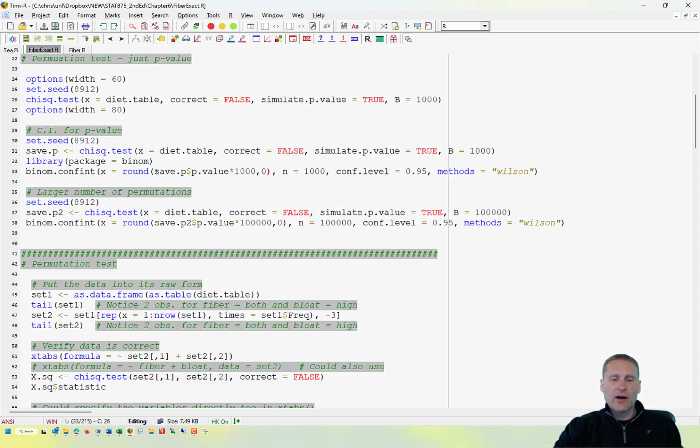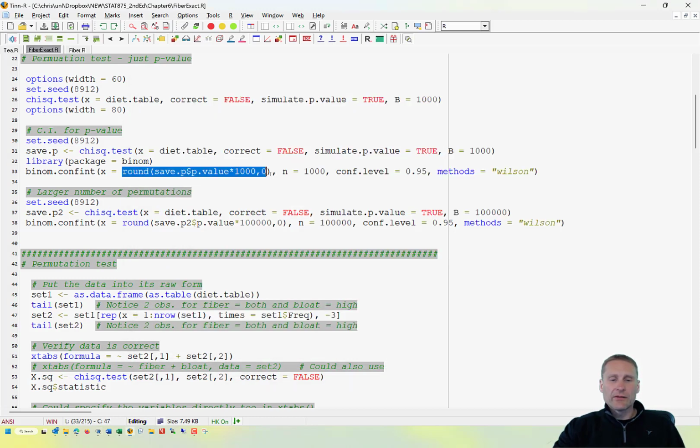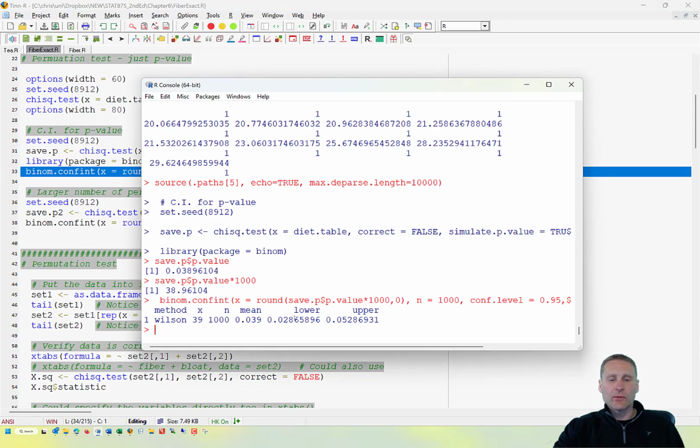So if I multiply that by 1,000, this tells me essentially how often I had an x squared star that was greater than or equal to x squared. And it tells me 39 times. So I round that result, so it is actually 39. My number of trials is 1,000. Confidence level 0.95. Wilson is my method. Use binom.confint, and this is what I get.